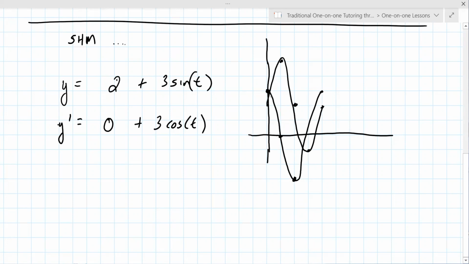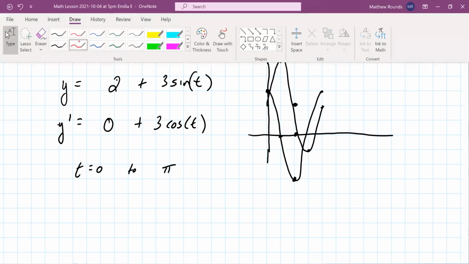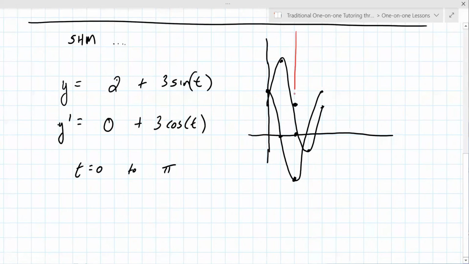So I got a lot going on here, but it's these windows that we talked about before. Like I could ask you what's going on from, I don't know, t equals 0 to pi. That's this window here, from here to here.